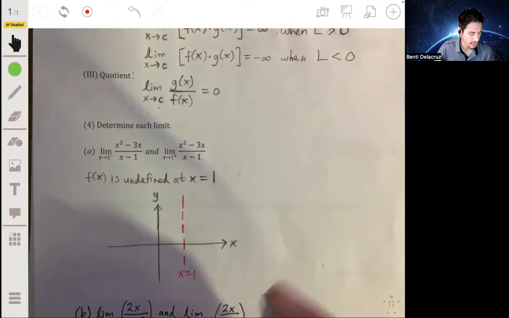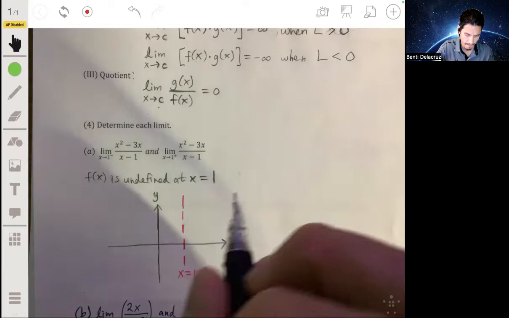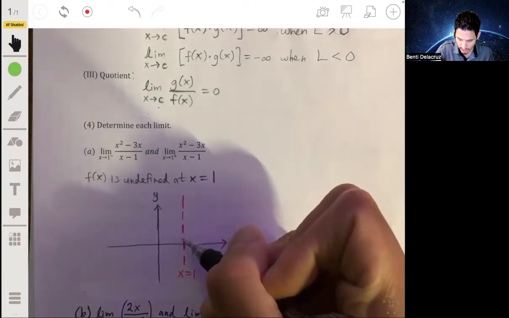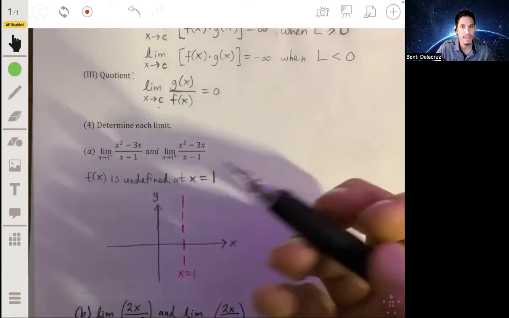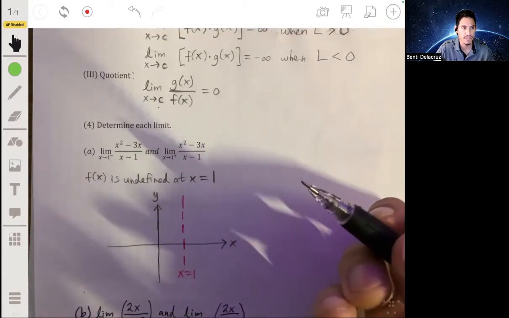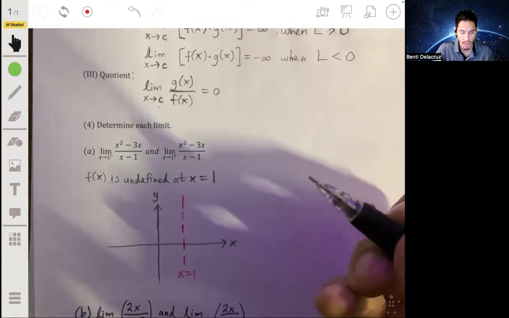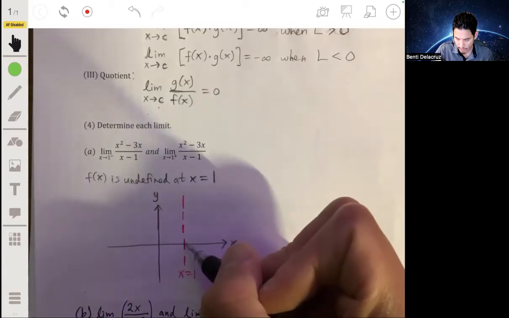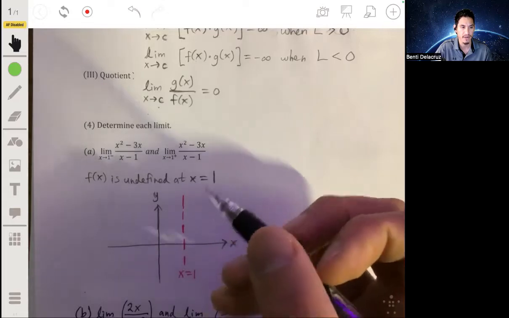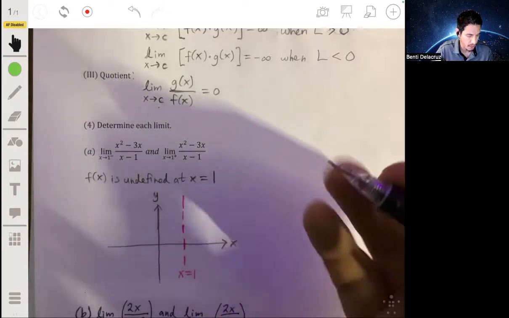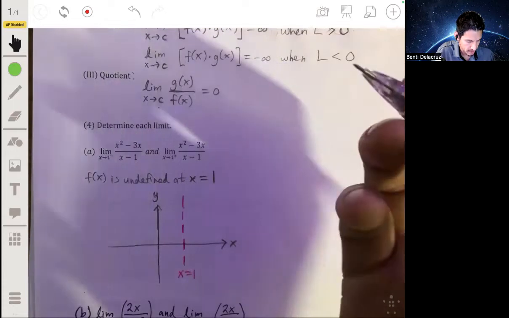The idea is to plug in a number very, very close to 1 to the left, something less than 1, like 0.99999, and you'll get an idea of whether that number is going to be very small or very huge. Likewise, you can plug in a number very close to 1 but slightly greater, like 1.0001, and see if that number is very large or very small. Let's do that.